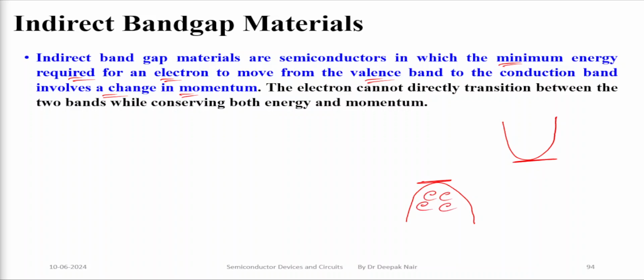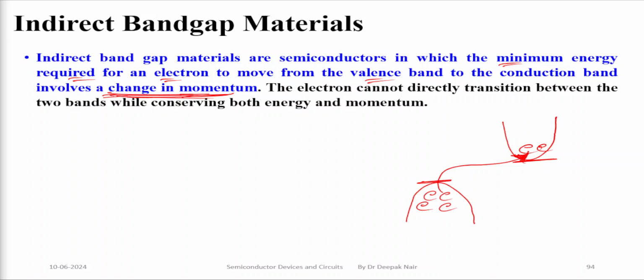Instead, you have to change the momentum of the electron. That means the path the electron follows actually has different momentums. Okay, we will come to this term momentum, why it is very essential in case of semiconductor physics.